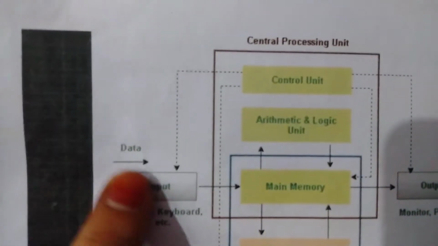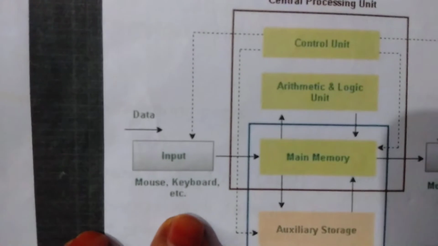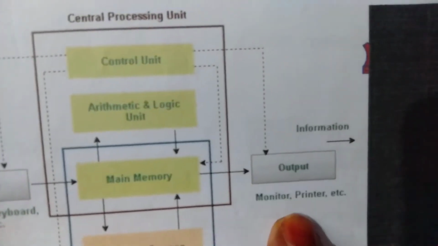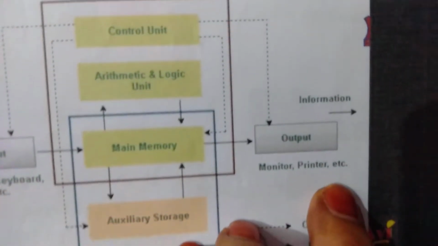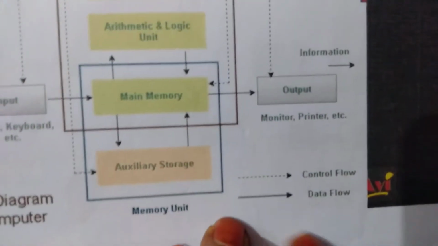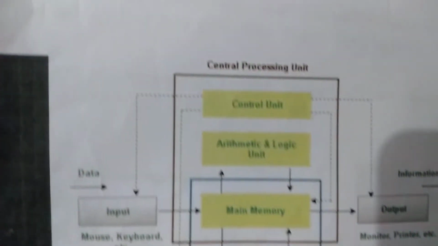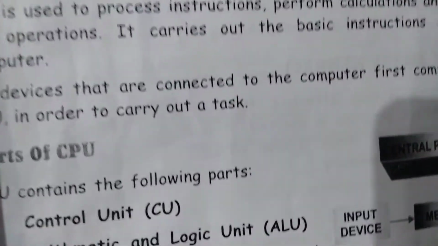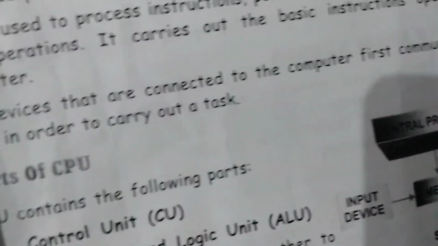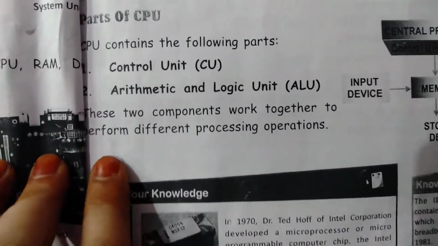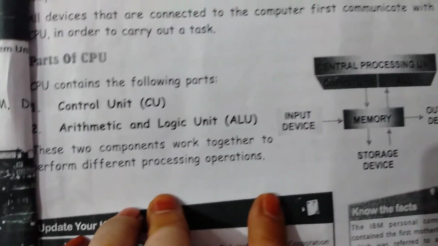Here is the data input, mouse, keyboard, those are the input devices, and here is the output, monitor, printer, etc. Control unit, data flow, memory unit. Understood? You can understand nicely by this diagram. One more thing, these two components work together to perform different processing operations.